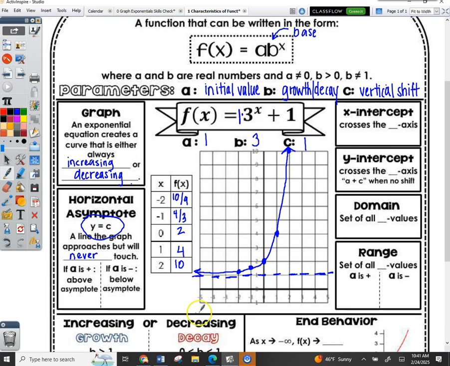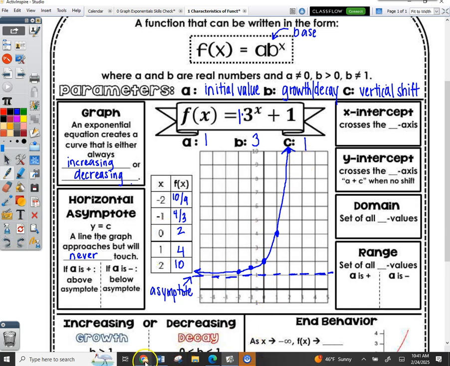That's your horizontal asymptote. And if you want to make a note, tell yourself this is your asymptote. It's a weird word. The graph will approach it, but it will not actually cross it. Now, what they're saying is if your initial value is positive, the graph will be above it.